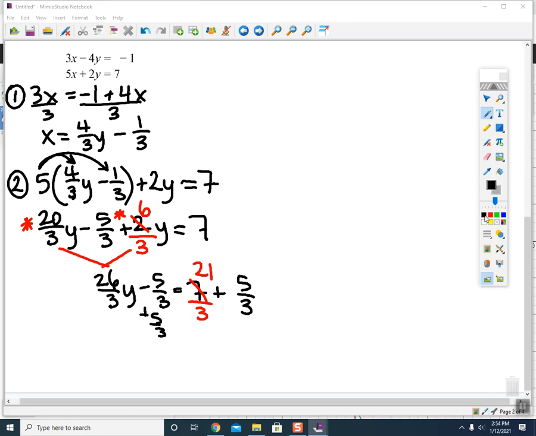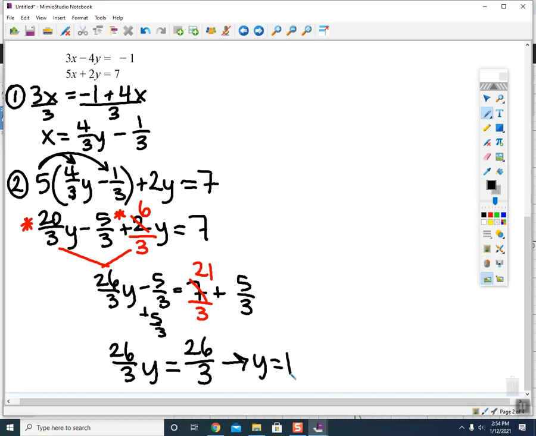So if I add those two together, what I have down here is 26/3y on this side equals 21 plus 5, which is another 26/3. So what that means then is that y equals 1, right? 26/3 times 1 is 26/3. So my y equals 1.